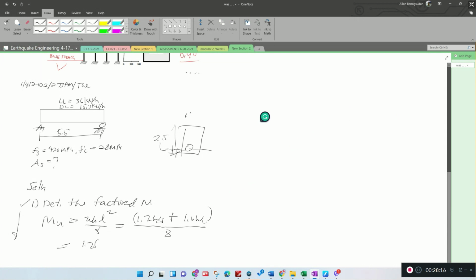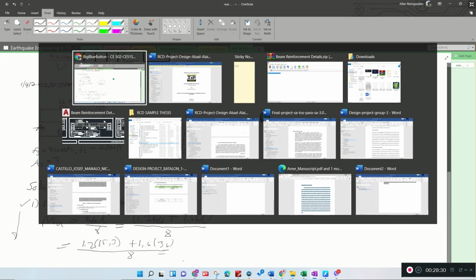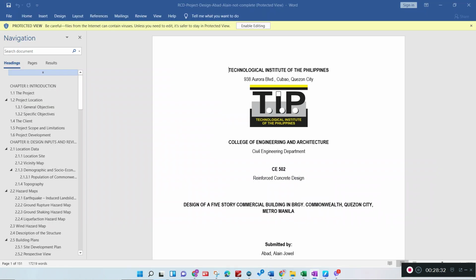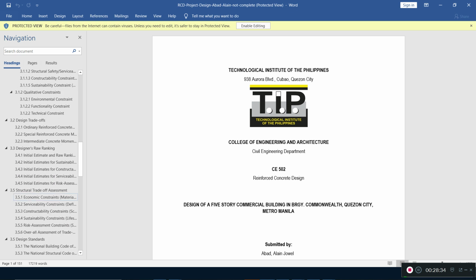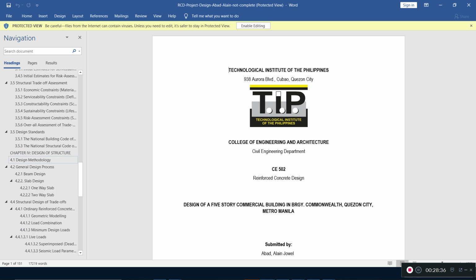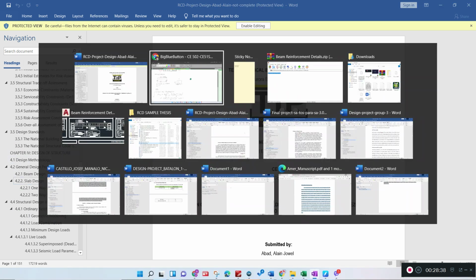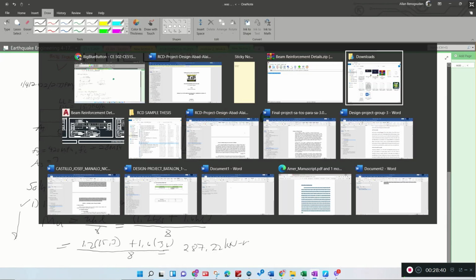So 1.2 times 15.3 plus 1.6 multiplied by 36, then divided by 8. So you will have your Mu there equal to 287.22 kilonewton meter. Just write it while writing.